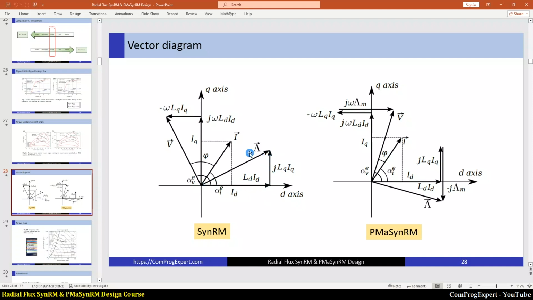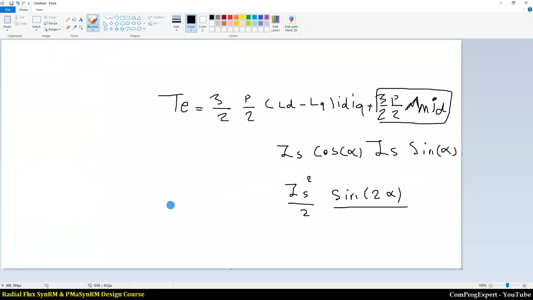So this is the stator flux linkage phasor lambda. In the case of a synchronous reluctance motor, this is LD ID, lambda D, and lambda Q is LQ IQ.